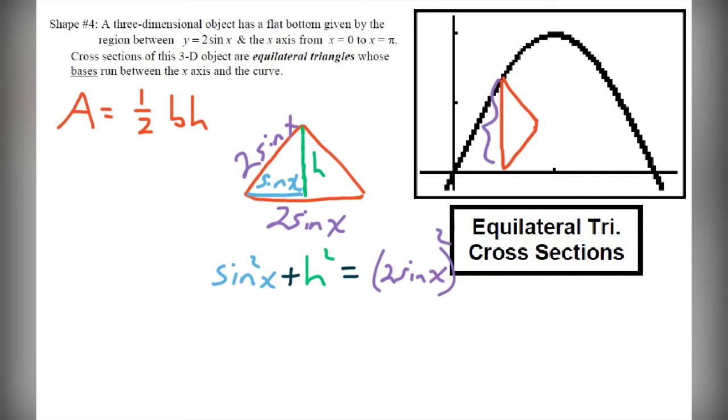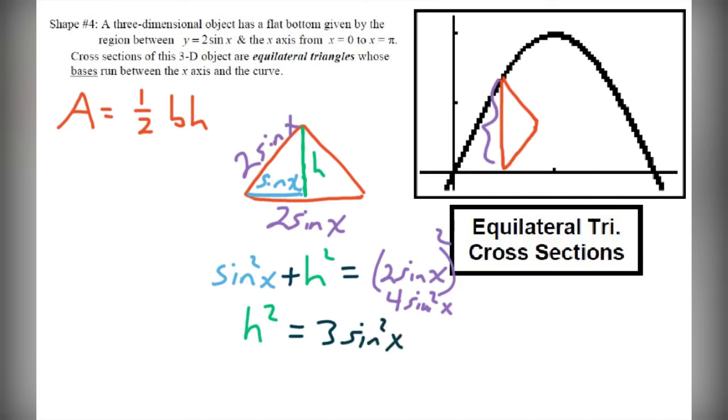So that means we're squaring the 2 and the sine of x. So we get ourselves an algebra equation that we're basically solving for h, and knowing that 2 sine squared is actually 4 sine squared, we can subtract this blue sine squared over here and end up with a height squared that's going to equal 3 sine squared.